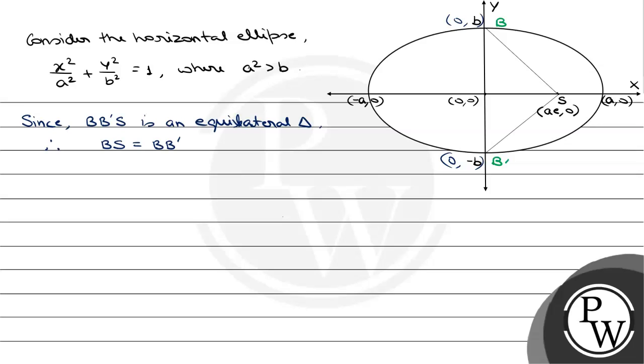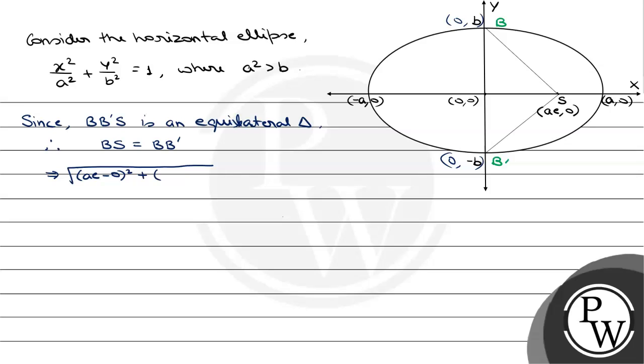Now, since we know the coordinates of all the vertices of the triangle, using the distance formula we can rewrite it as under root of ae minus 0 whole square, that is x2 minus x1 whole square, plus y2 minus y1 whole square.